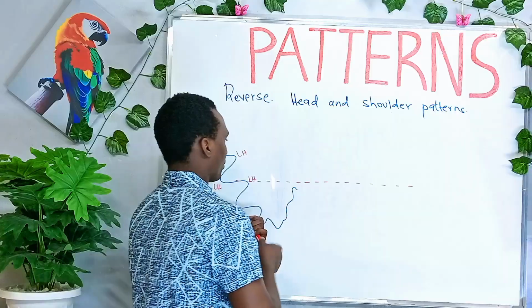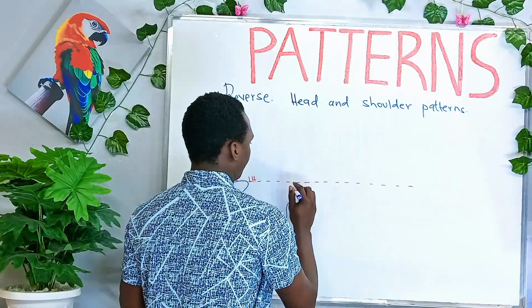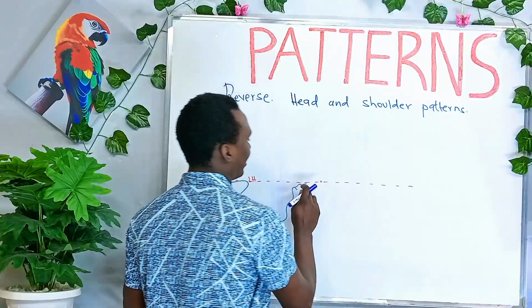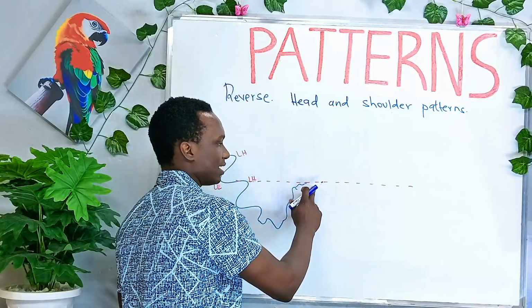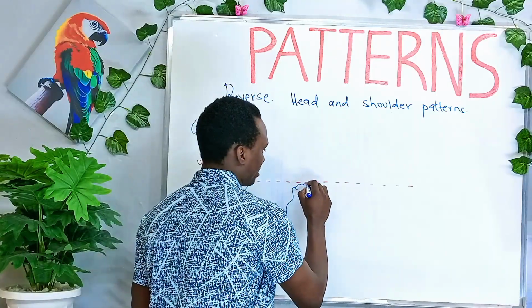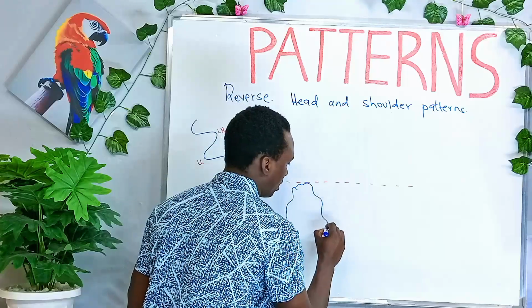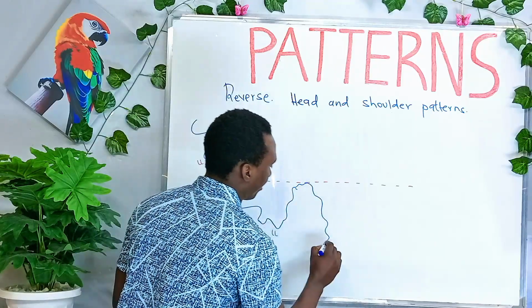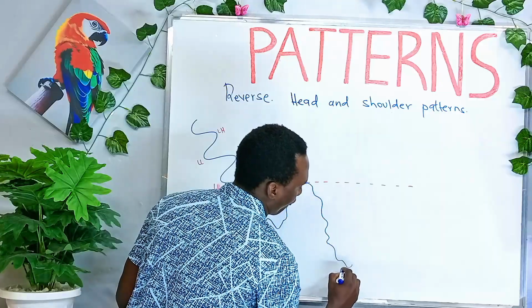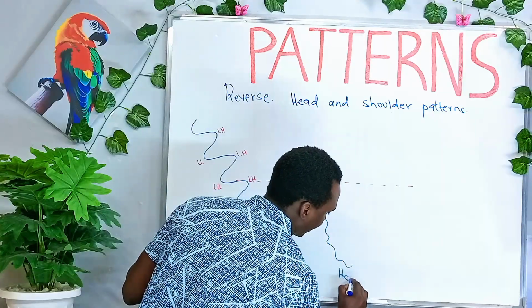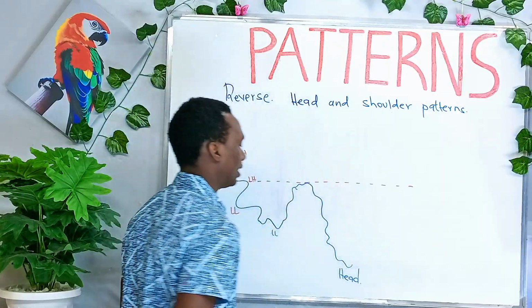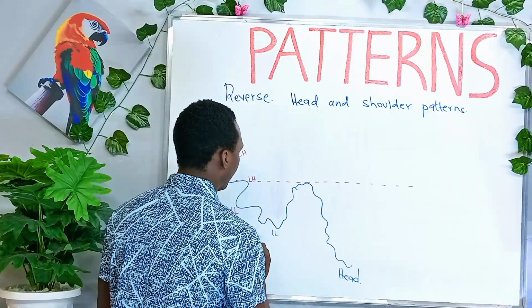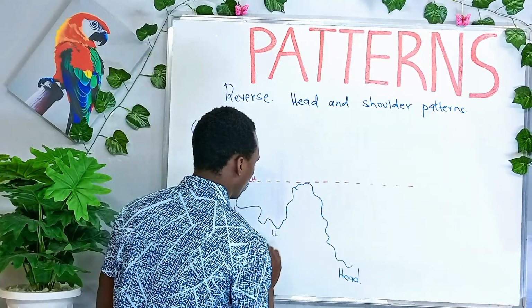Okay, so the price will retest this temporary resistance level. The price will hence fall, break this lower low, and fall further to form the second peak, which we will call a head. Okay, this first peak, we are calling it the first shoulder.